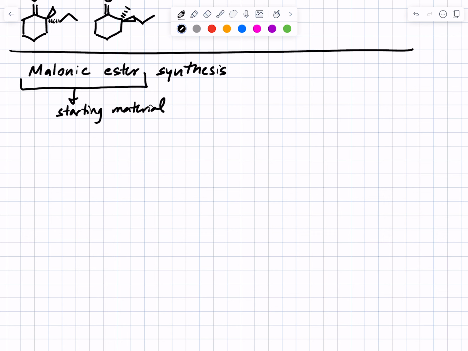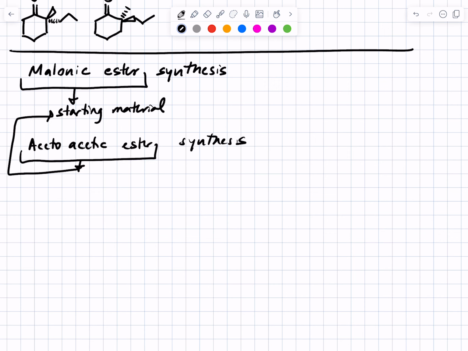So I suppose this could have been better said as the synthesis of alkylated enolates using malonic ester as a starting material, but that has less of a ring to it. Similarly, there is a very related synthetic strategy called the acetoacetic ester synthesis, which really means you're not making acetoacetic ester. Again, that is the starting material.